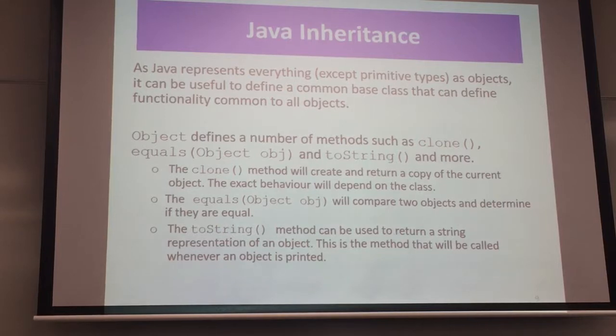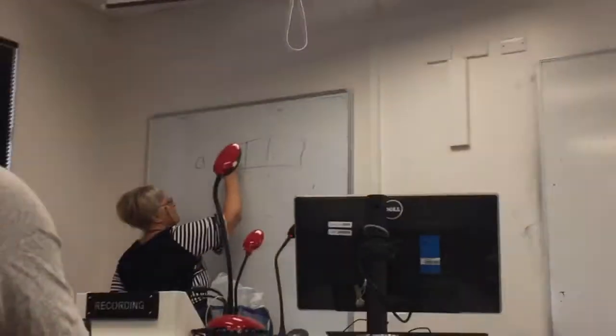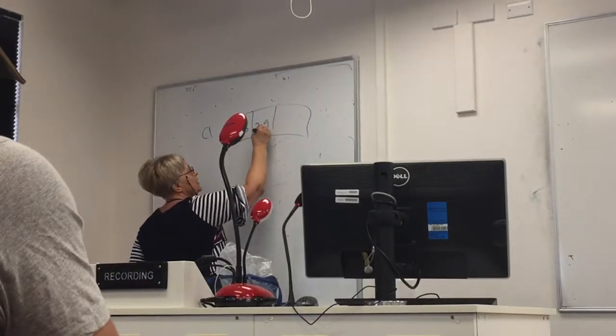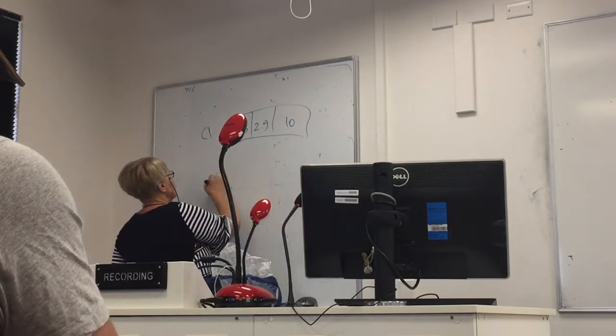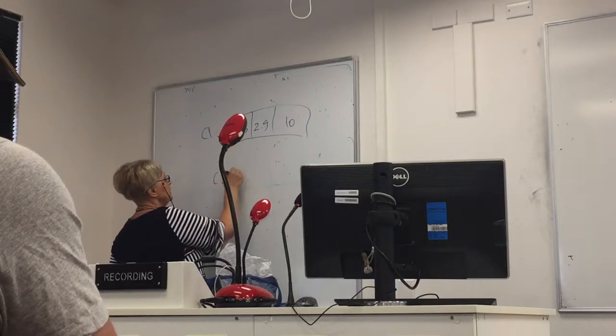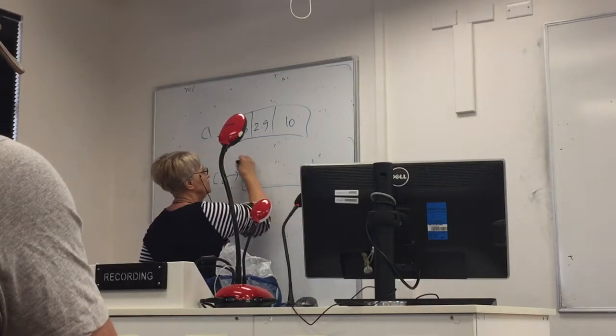You might have different objects defined with new everyone. A circle, for example, circle 1, which has x 1.3 and 2.9, and radius 10, and a circle 2. So this is circle 1, circle 2.